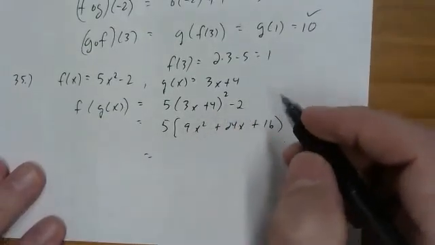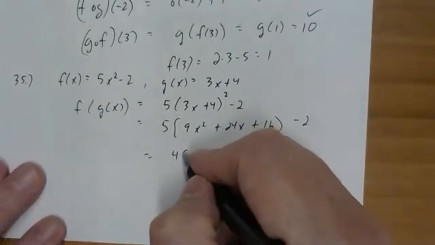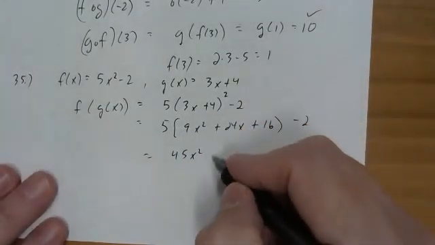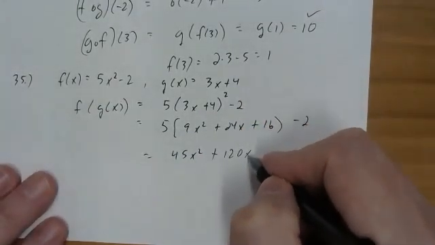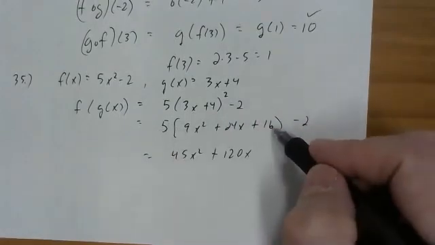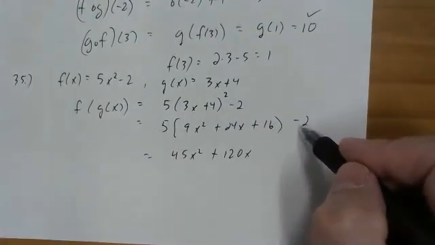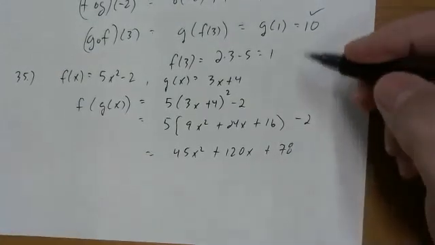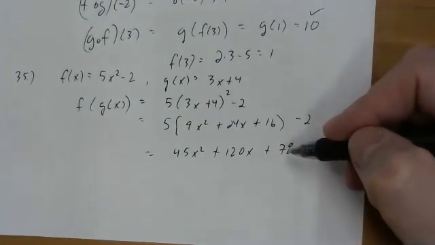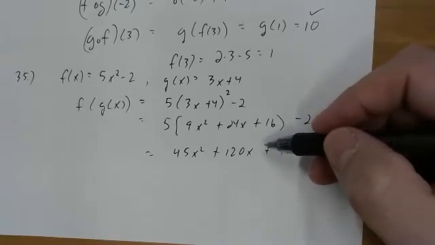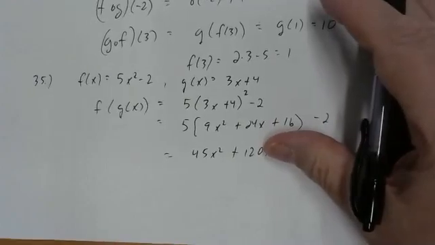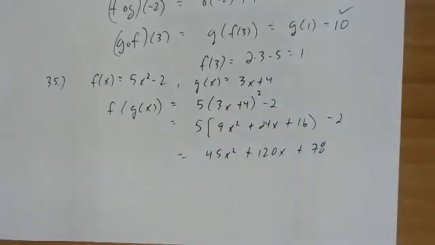Now multiply out the parentheses, it looks like 45x squared plus 120x, 5 times 16 is 80, minus 2. See if my math is correct. And it is. All right, so that was the test number 2 review.